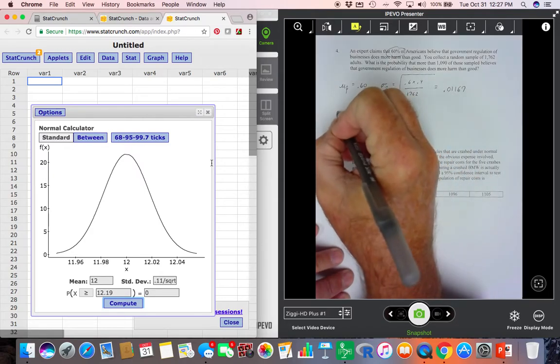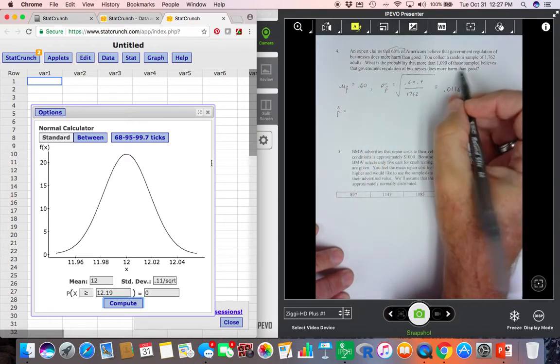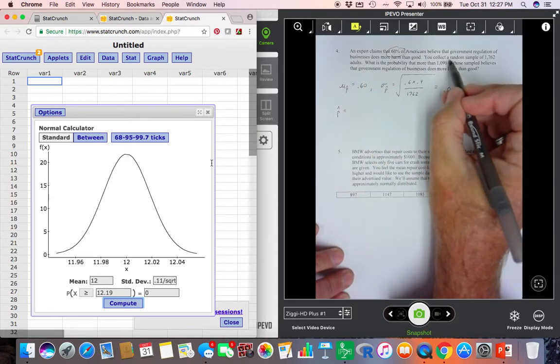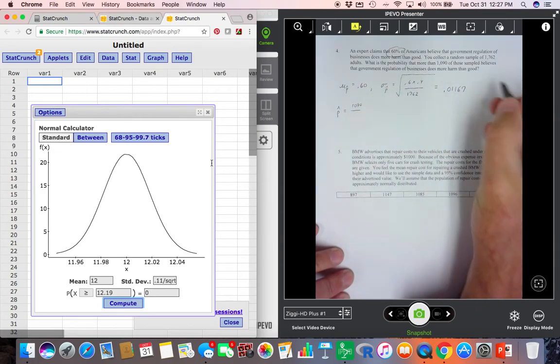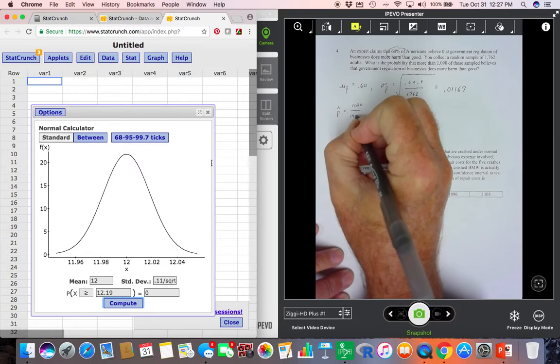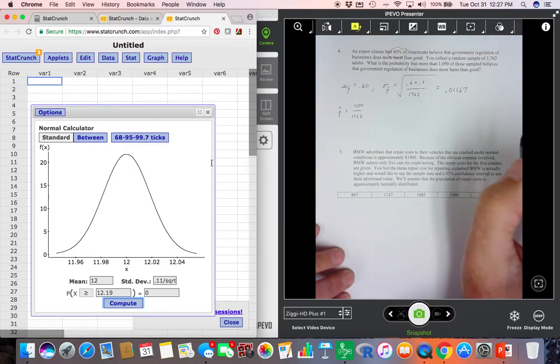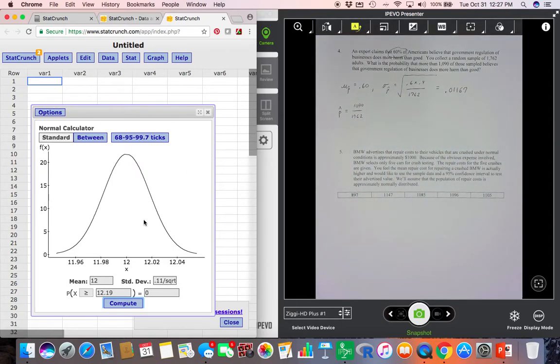Now our p-hat here. So many of you just want to put that 1090 in there. But guys, that's 1090 out of the 1762. So when we go over to StatCrunch here, we have a mean of 0.60.